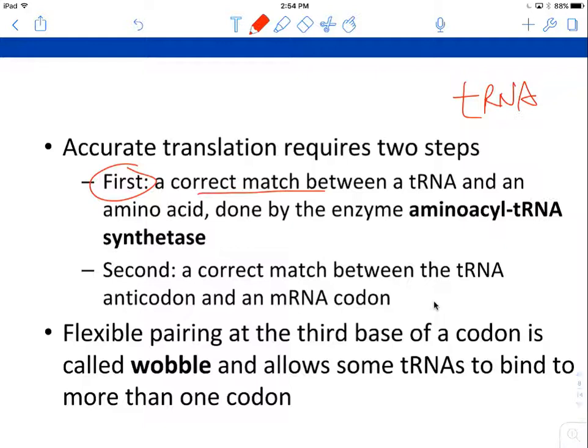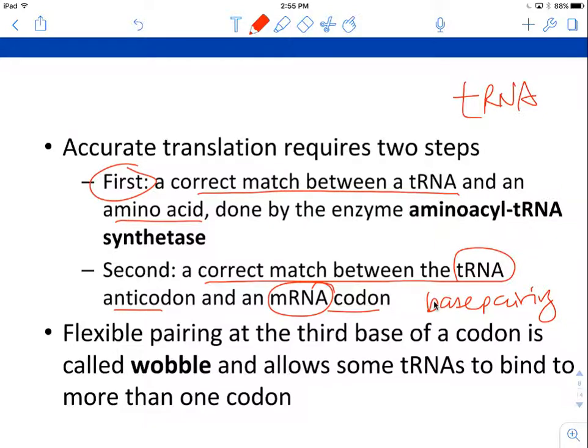So there must be a correct match between a tRNA and the amino acid, and this is done by an enzyme called aminoacyl tRNA synthetase. Second, you have to have a correct match between the tRNA anticodon and the mRNA codon, and that's done by base pairing.